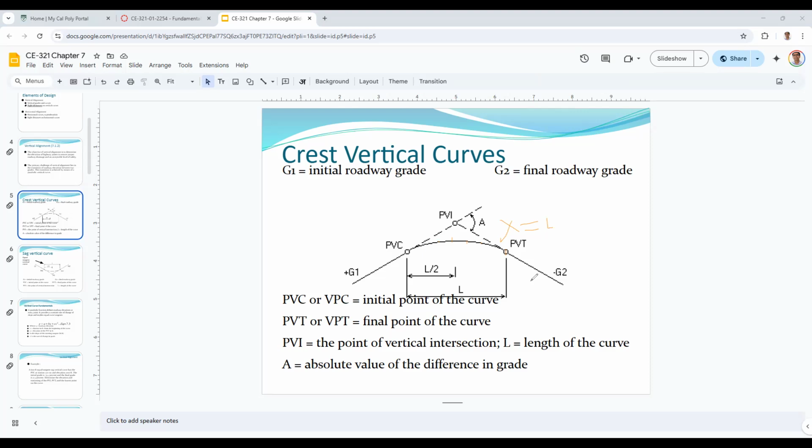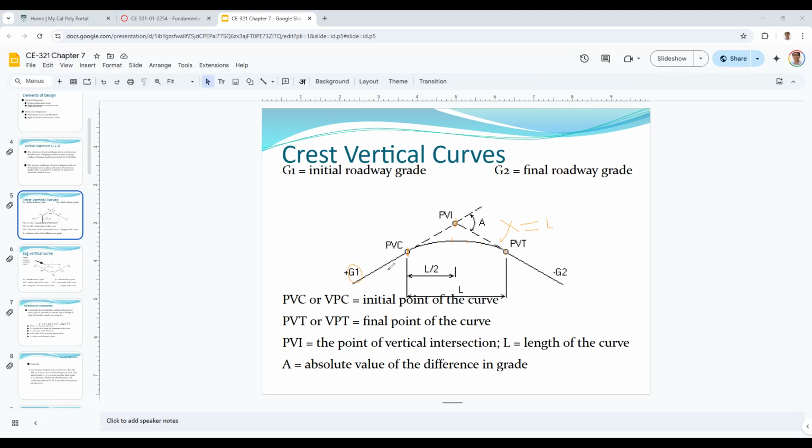Sometimes knowing this can also be helpful in finding the elevations of different points. For example, if I'm here at PVC and I want to find the elevation of PVI, the way we do it is just apply this initial grade G1 to the horizontal distance L over 2.